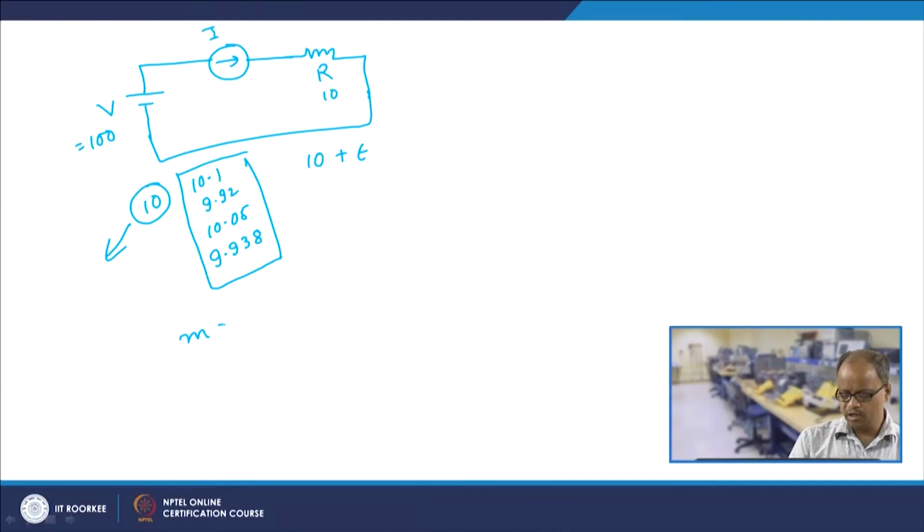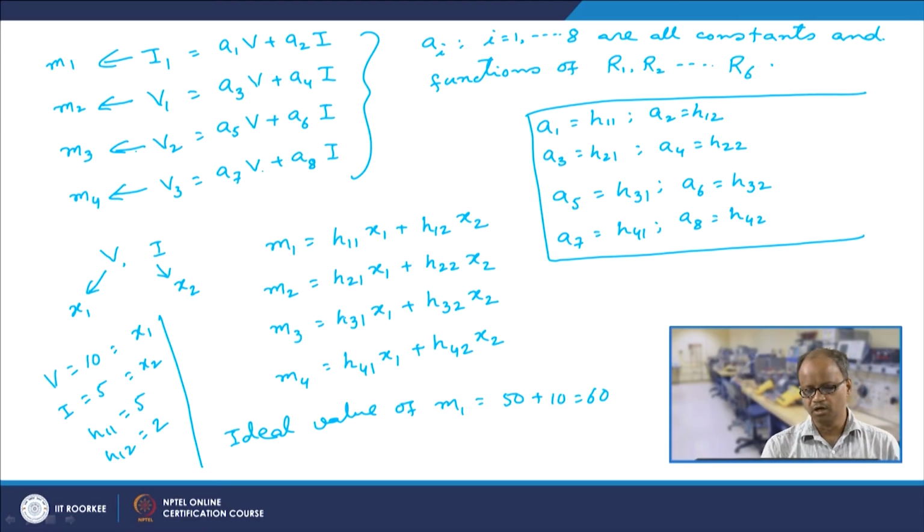But the point to be noted here is that any meter M will give the true value x plus some error, and this error is random in nature. This is the true value, but unfortunately I do not know what it is.